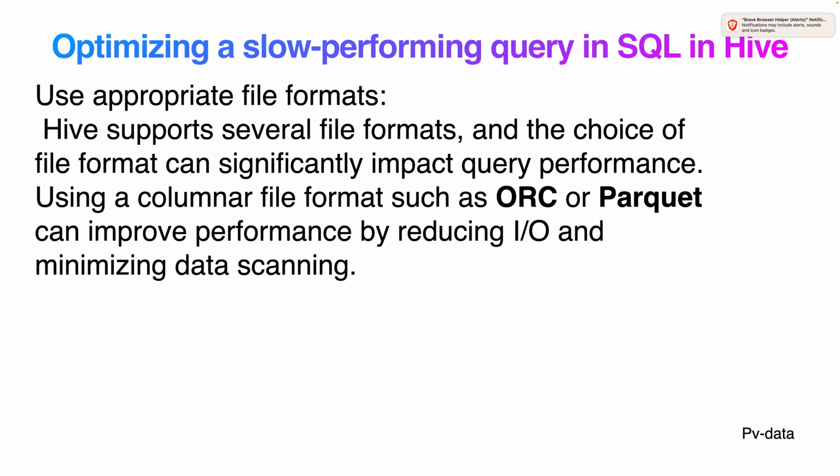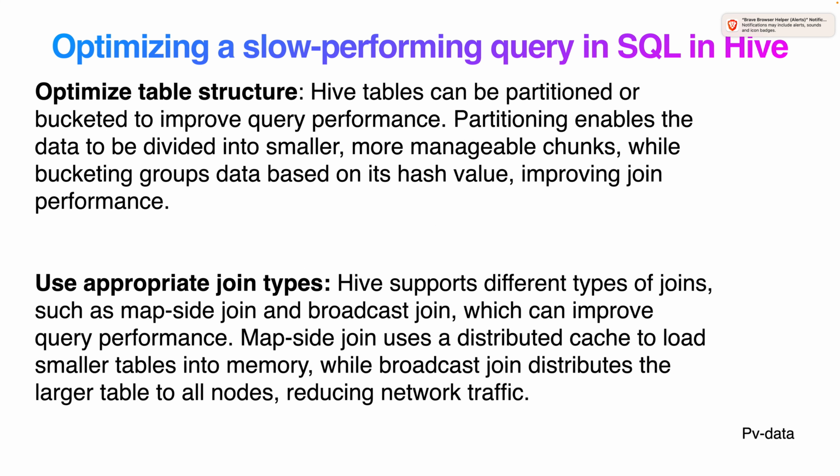Hive supports several file formats, I believe five or six, and the choice of file format significantly impacts your query performance. Using columnar file formats such as ORC and Parquet can improve performance by reducing input/output and minimizing data scanning. So you can consider the file format as well.